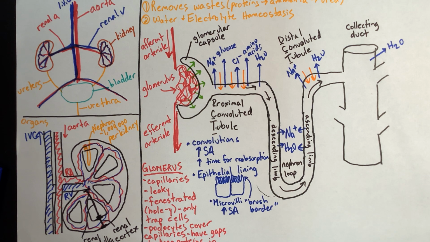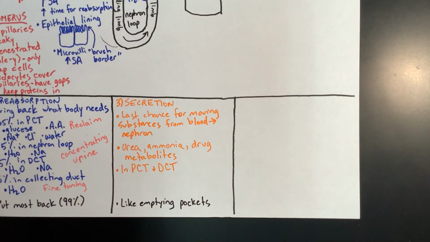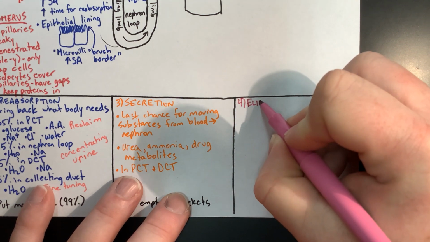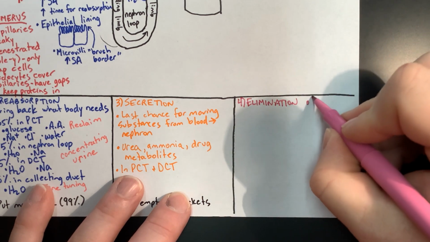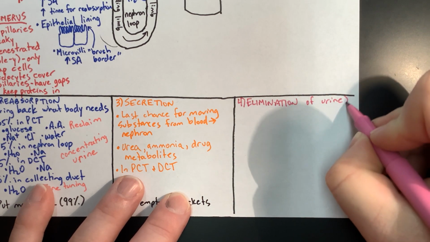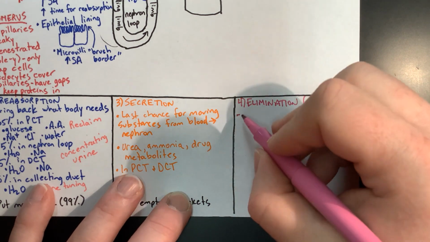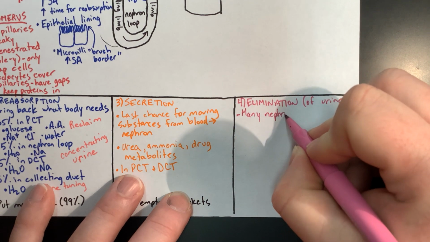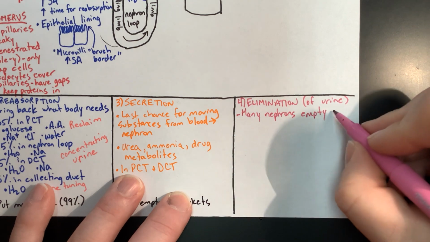And then the last part of urine formation, let's use this color right here, is called elimination. Elimination of urine. All right, so what's that all about? Well, so many nephrons will empty into each collecting duct.